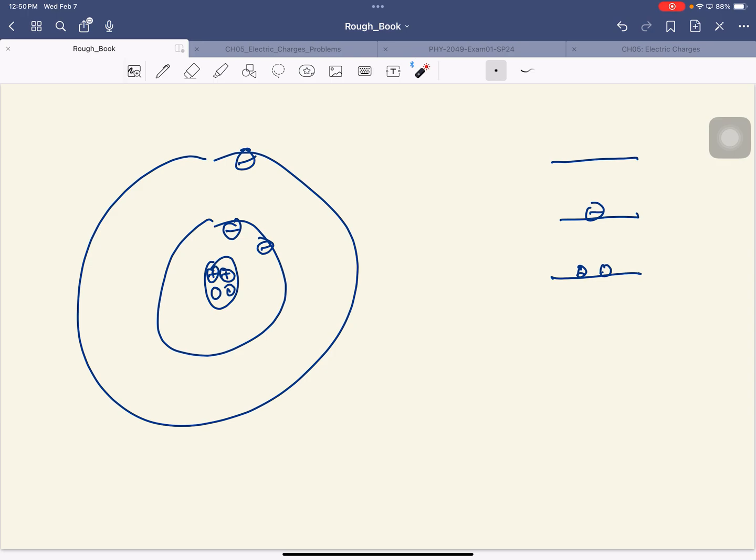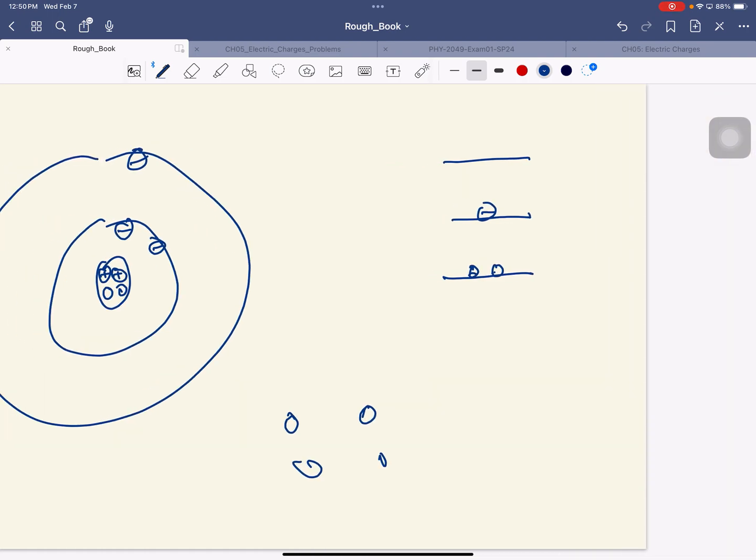Okay, now what we're going to do is, we are feeling rich, so we'll get a whole bunch of atoms. Now we'll take a metal, for instance, okay, or any material.